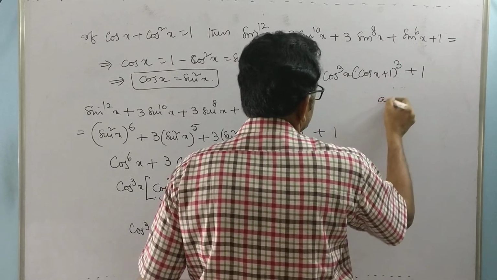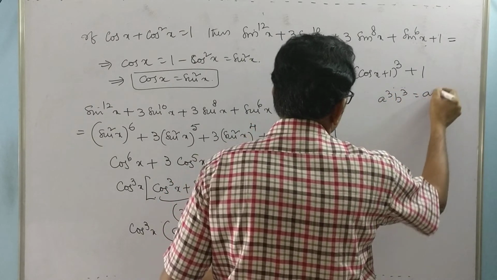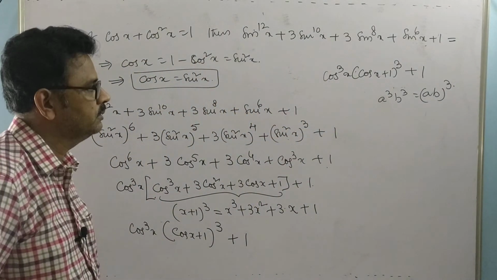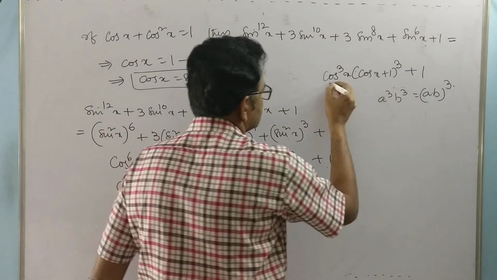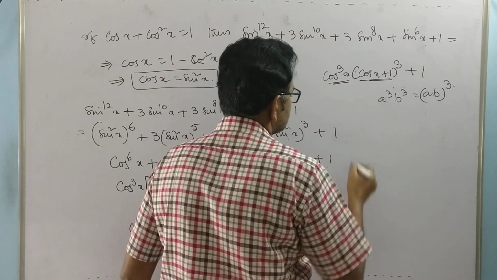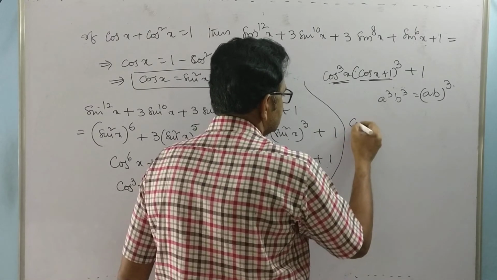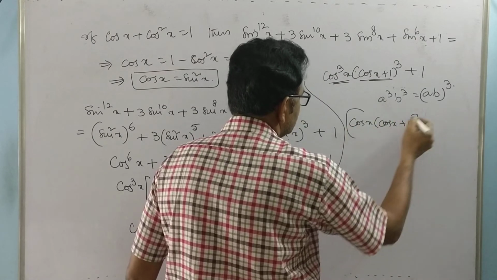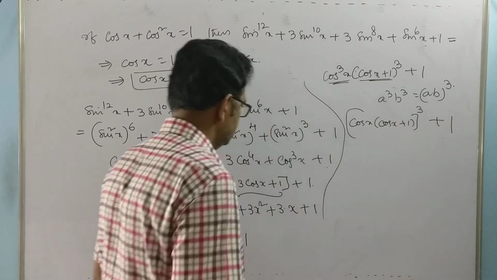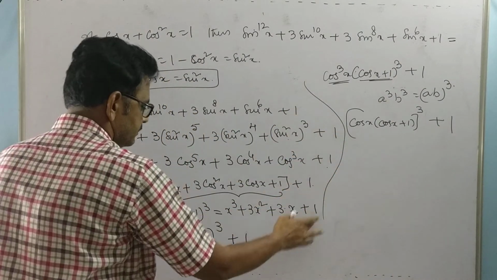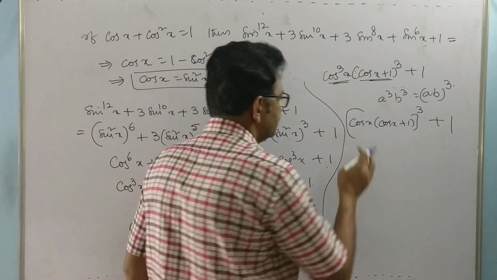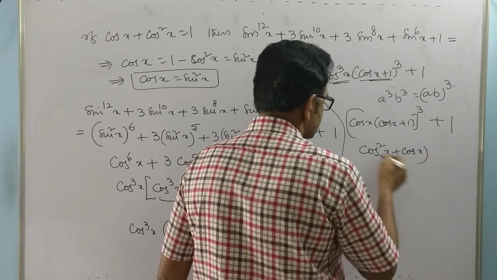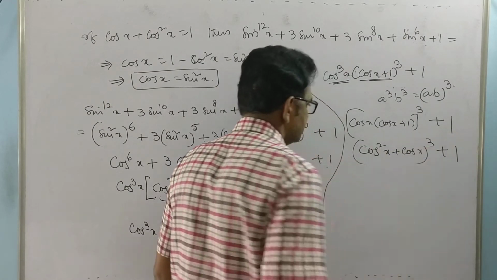Now a cube b cube can be written as ab whole cube. Now this cos cube x and this 1 plus cos x whole cube can be written as cos x into cos x plus 1 whole cube plus 1. If you are multiplying these two, cos square x plus cos x whole cube plus 1.